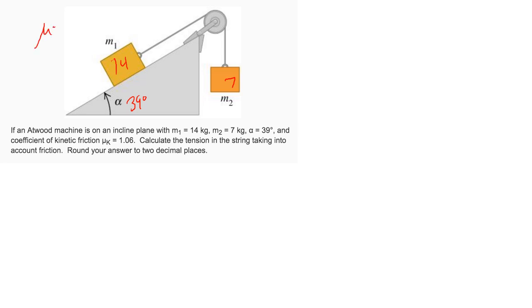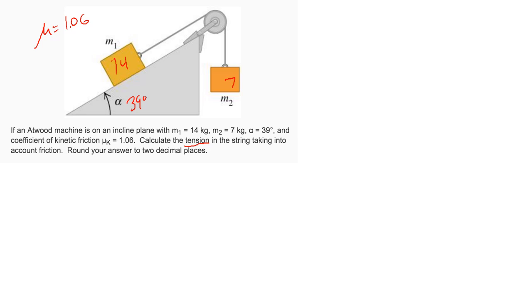Coefficient, oh, it's a sticky thing, 1.06. Calculate the tension in the string, taking into account friction, rounding to two decimal places. Alright, so we're first going to have to do the acceleration still. Anyways, go ahead, pause the video, see if you can do it. And once you unpause it, we'll see if you're right or if you're not.